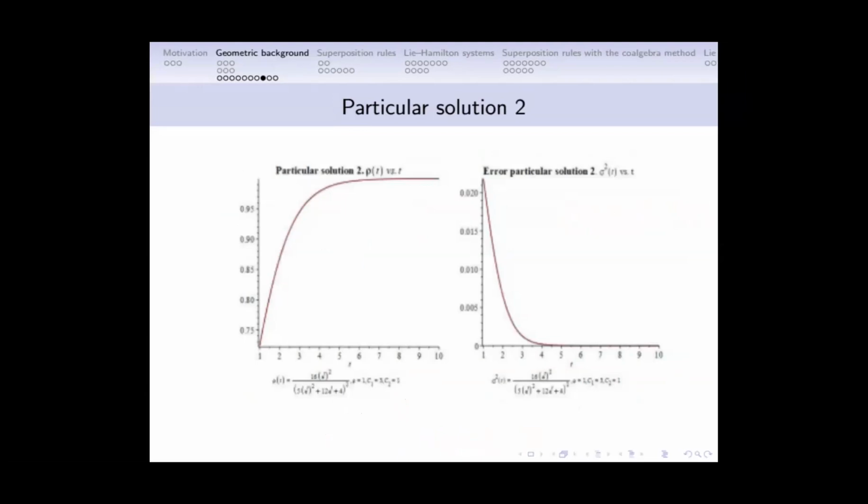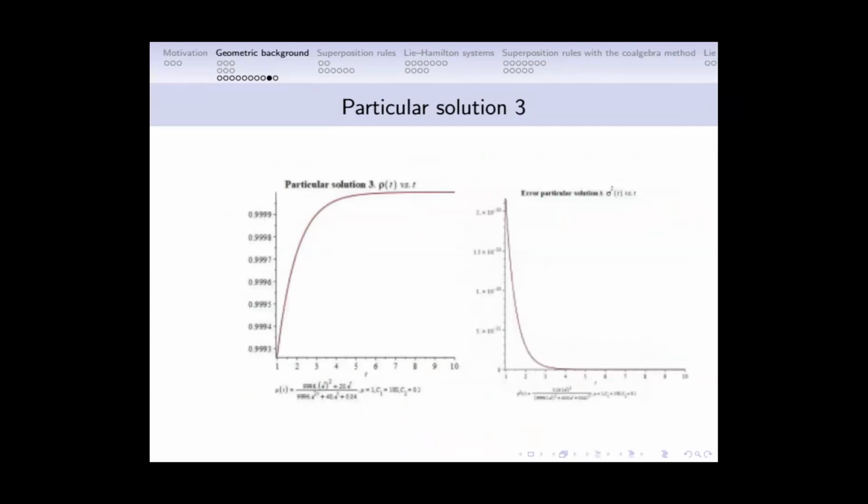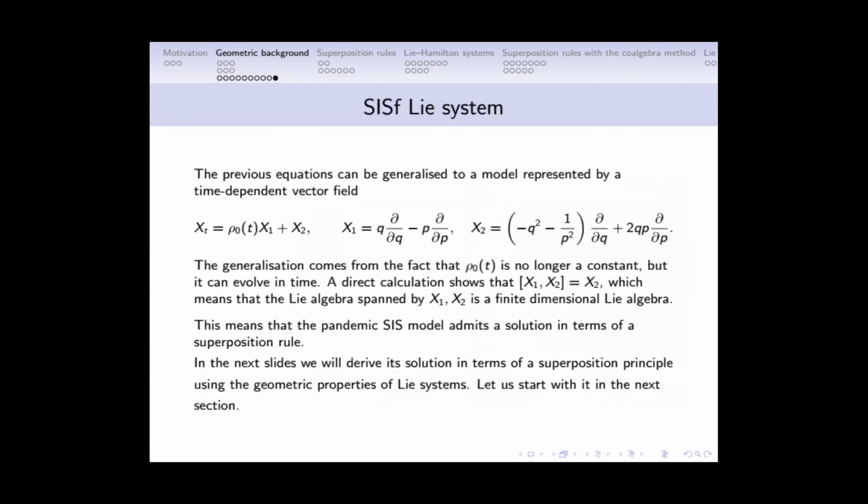And actually this behavior is only given if one of the constants of integration is at least 3 times bigger than the other. Otherwise, you find kind of weird solutions, and they wouldn't be particular solutions. But these ones do fulfill the equations. So these particular solutions, as I told you, I'm just showing you because I might use them for the Lie systems approach.